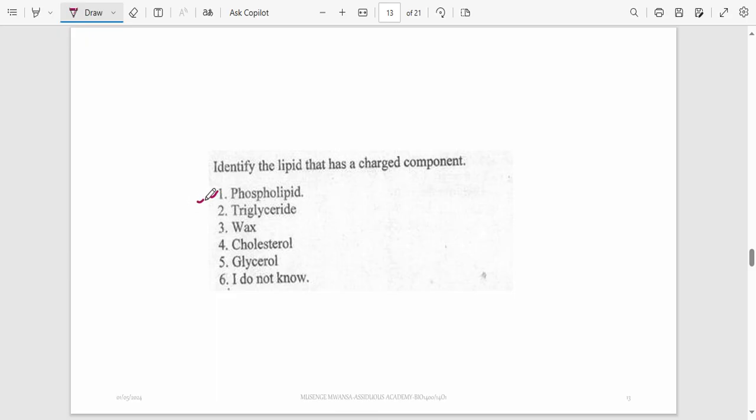Wope also picks one. Anyone else? Gift picks one. Anyone else? Okay, Anastasia goes for two. Anyone else?